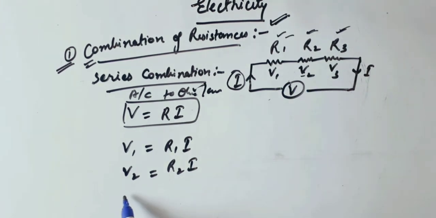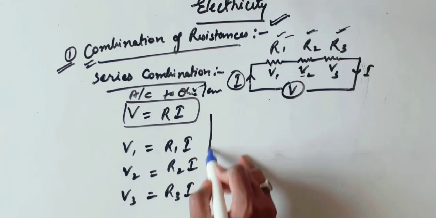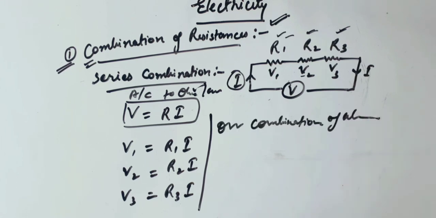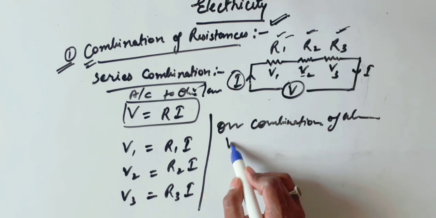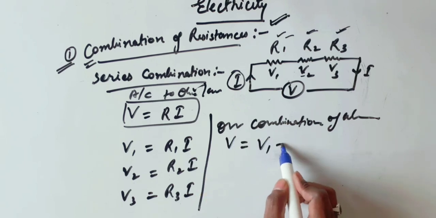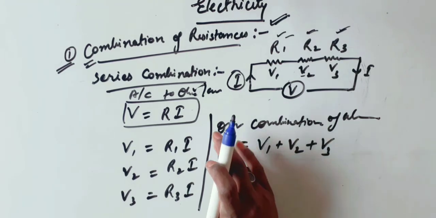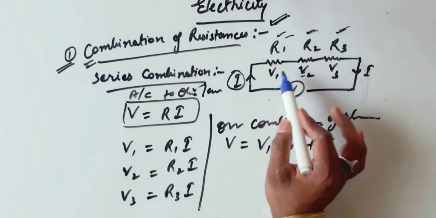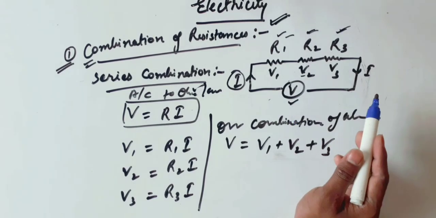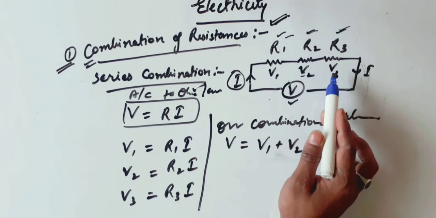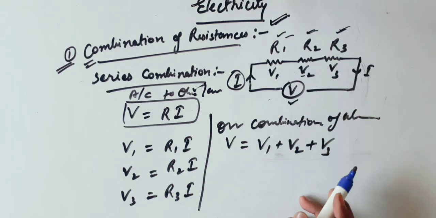And V3 is equal to R3 into I. On combination of the above equations, V is equal to V1 plus V2 plus V3, because the sum of each potential will be equal to V. We have applied V amount of potential, so V1 plus V2 plus V3 will be equal to V.